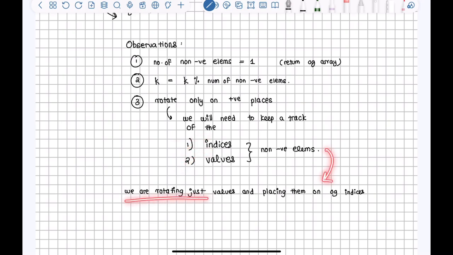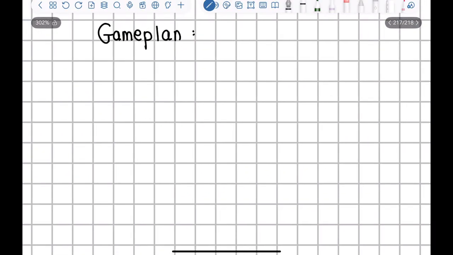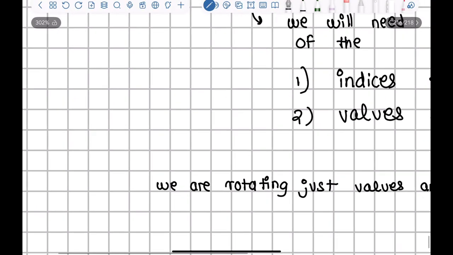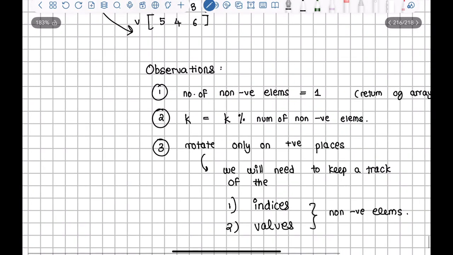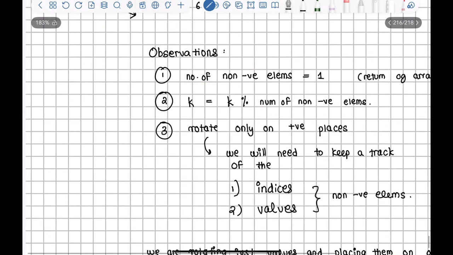Because we are just rotating the values and placing them on the original indices. That is what we are doing. So okay, and also most importantly, we need this, right? We need this because if the number of non-negative elements is 1, we are going to return as it is, and also we need the number of non-negative elements to reduce.